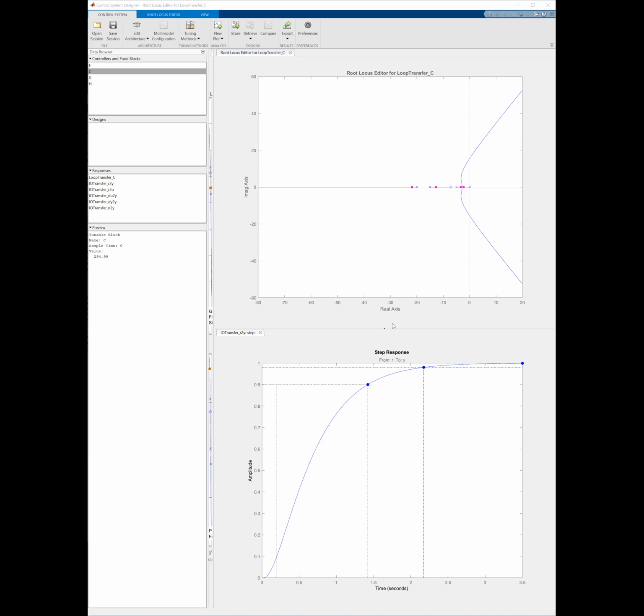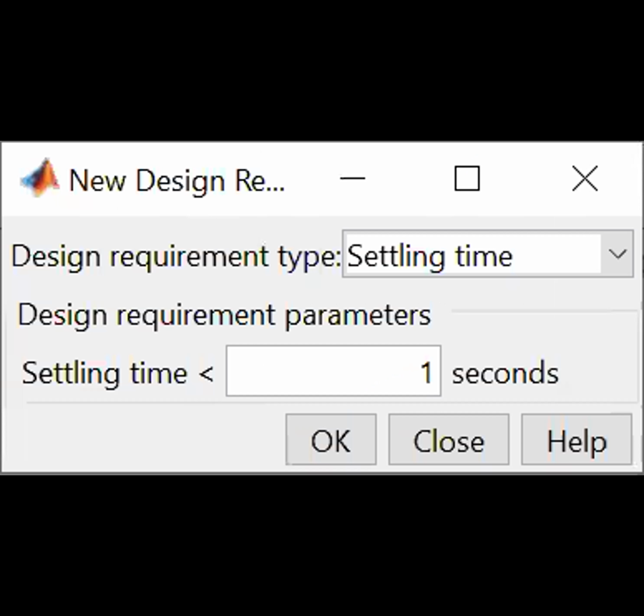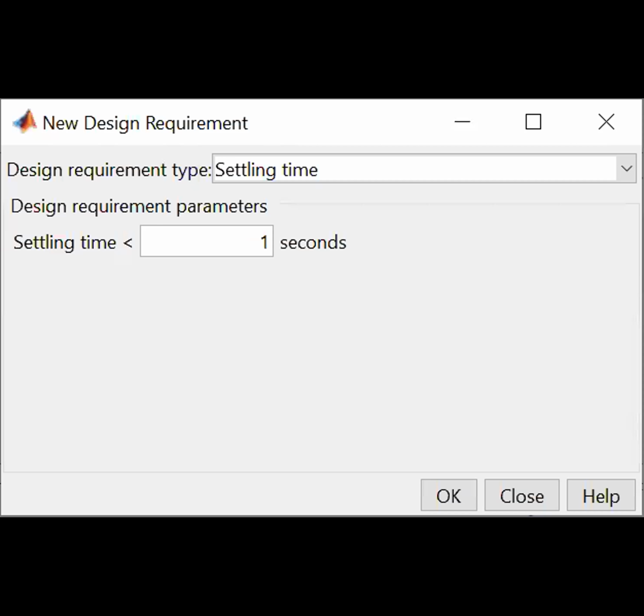Click on new design requirement, and then it will open up something like a small dialog box. Everyone able to get this dialog box? So you will have to right click on the root locus editor, go to the characteristics, and then click on new characteristics, or new requirement, and that will give you the requirements. Just make sure that you have it.